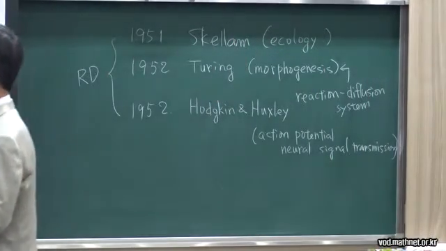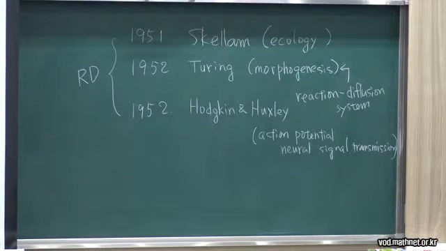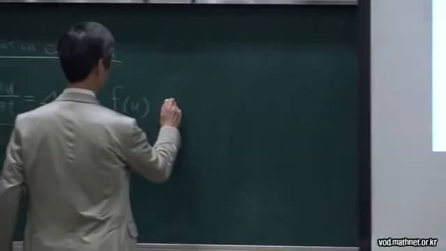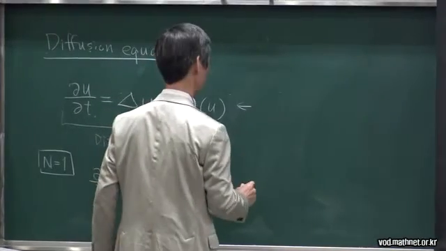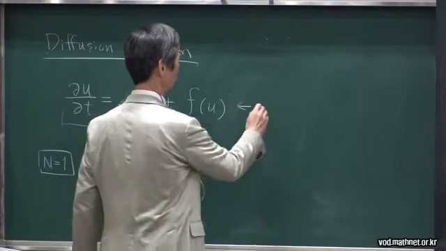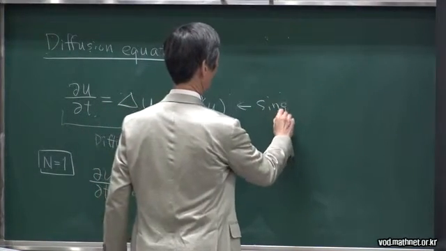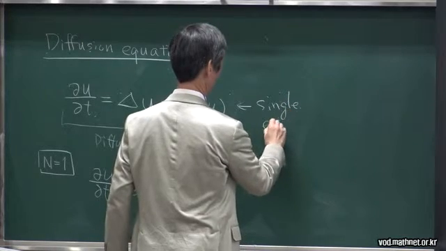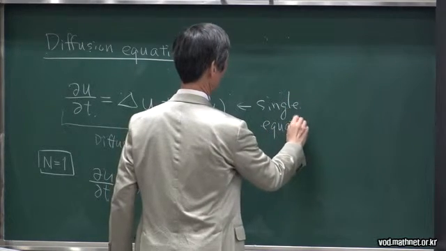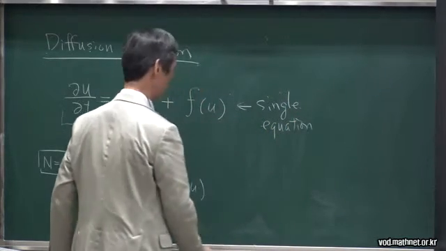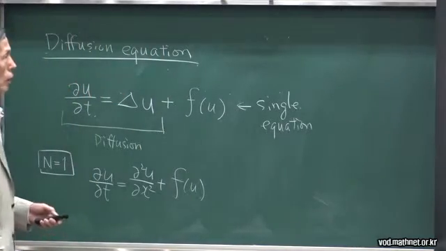And what I am going to talk about is the simple model. This is just a single equation, although I will mention a little bit about the prey-predator model later. But for the moment, let's focus on the single equation. This is the equation which Skellam studied.